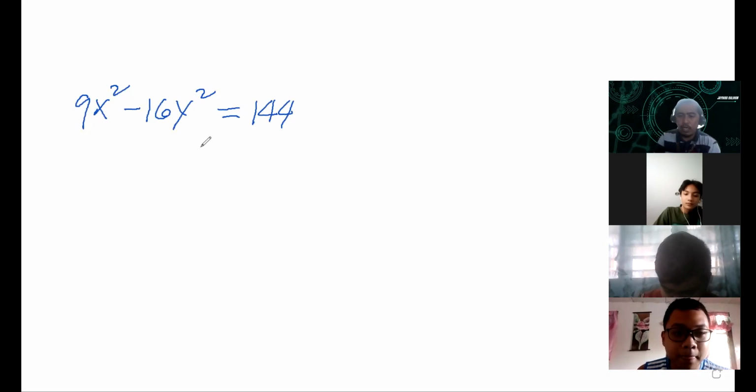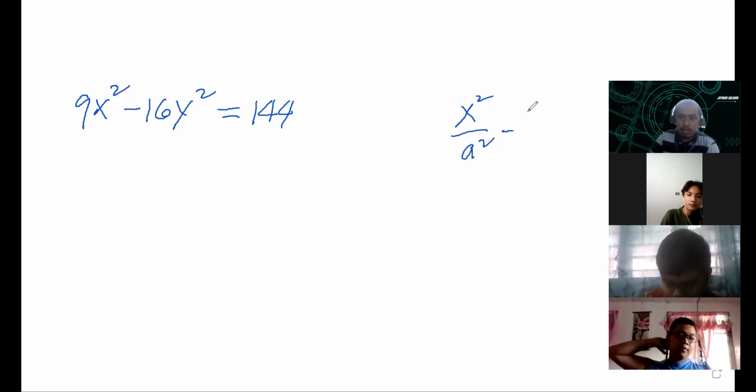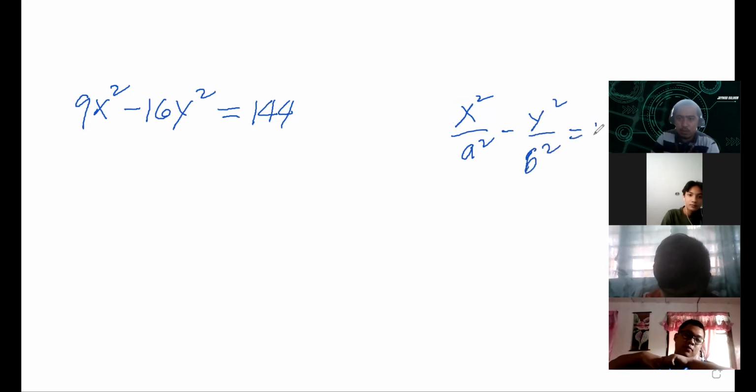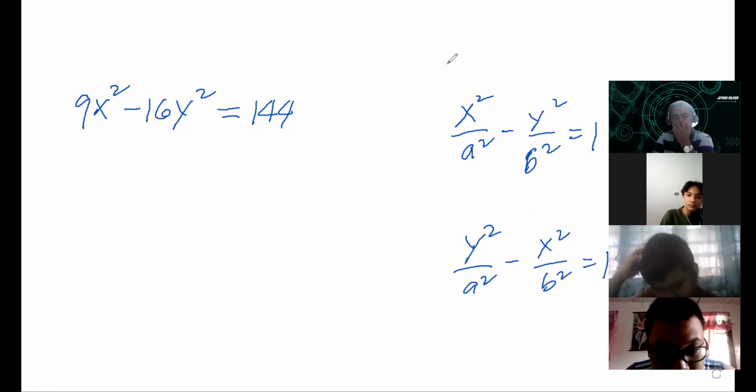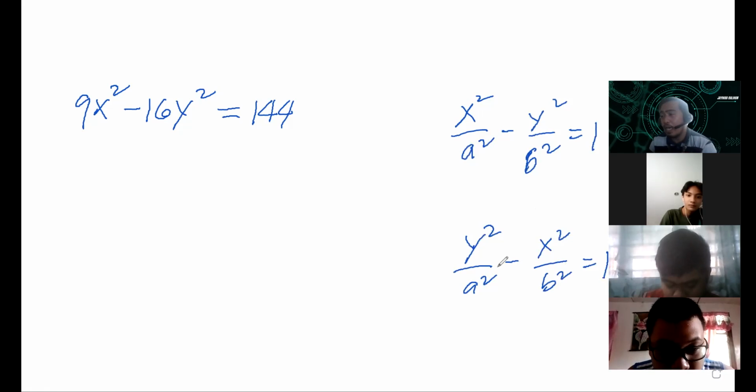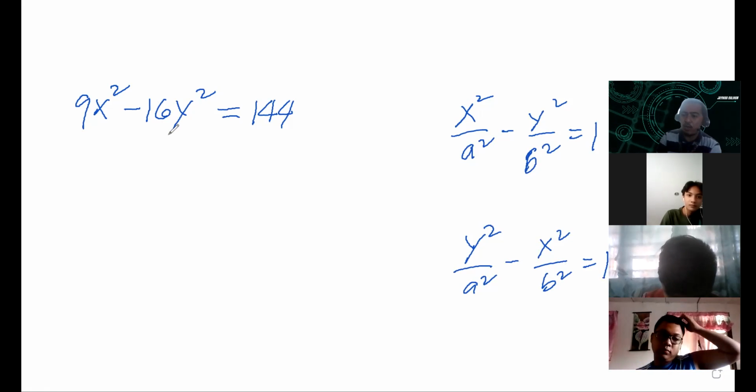So what you will be doing is, you rewrite it in the form x squared over a squared minus y squared over b squared equal to 1, or y squared over a squared minus x squared over b squared equal to 1. These are the only ones you will use, because this one has no h and k, it is a simple equation, right?